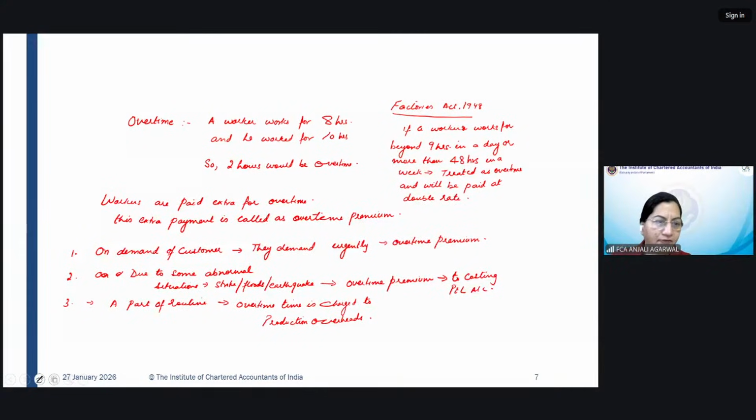And we have to calculate it in the form of whichever is more beneficial to the worker.